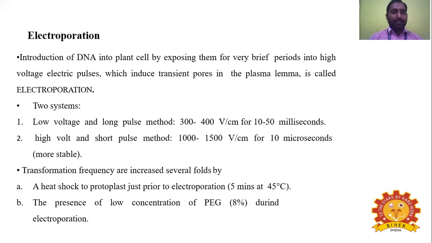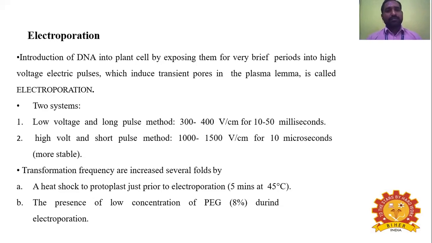The other method is high voltage and short pulse, with 1000 to 1500 volts per centimeter for about 10 microseconds. This second system is frequently used, its transfer rate is much higher than the first method, the low voltage one, and it is also very stable.